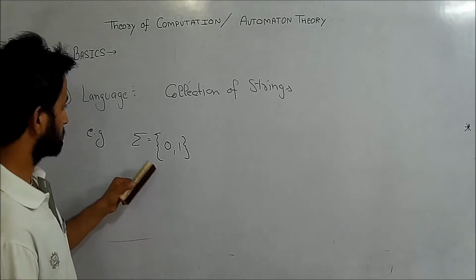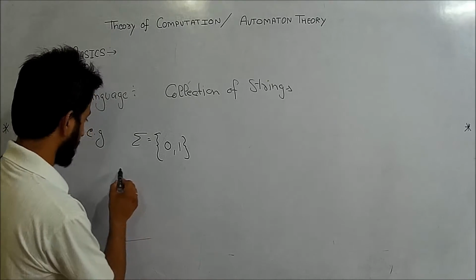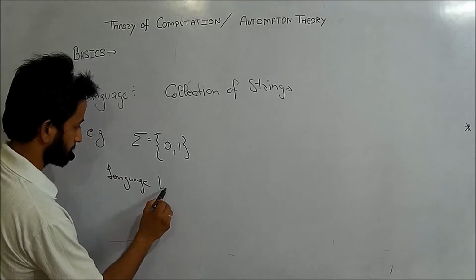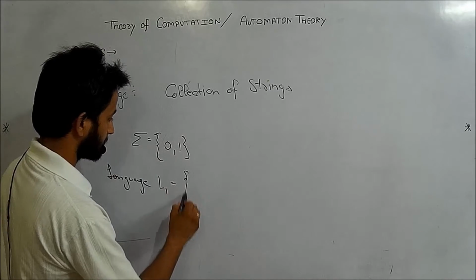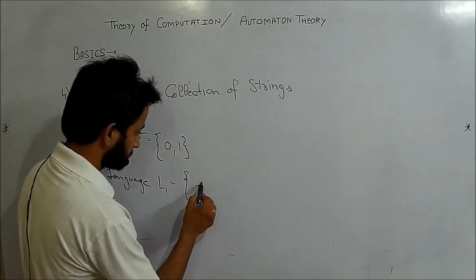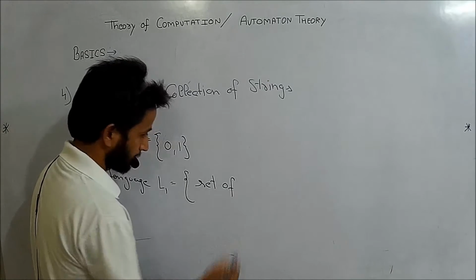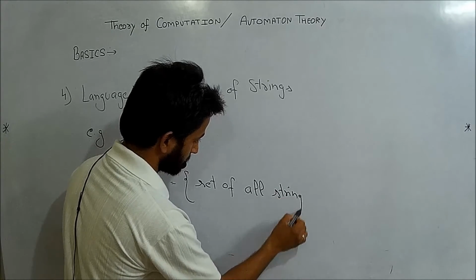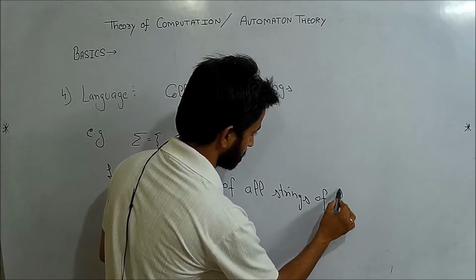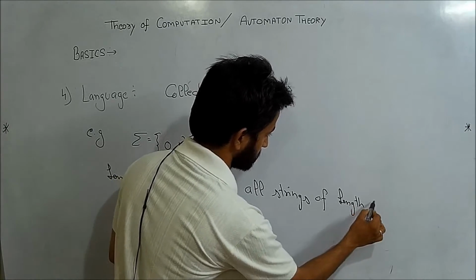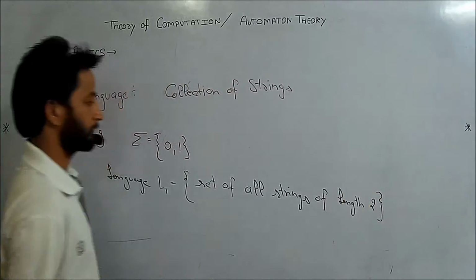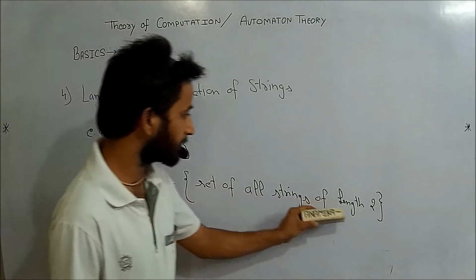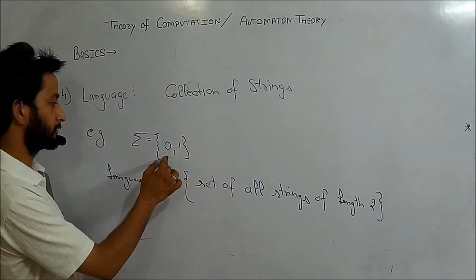So alphabets are 0 and 1, and I have a language L1, which says the set of all strings of length 2 over the alphabets 0 and 1.